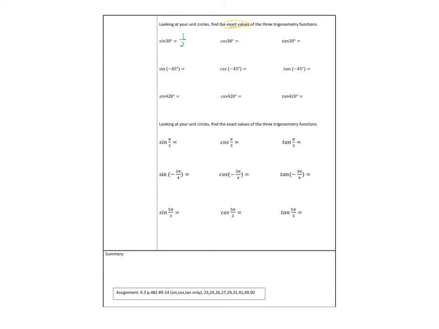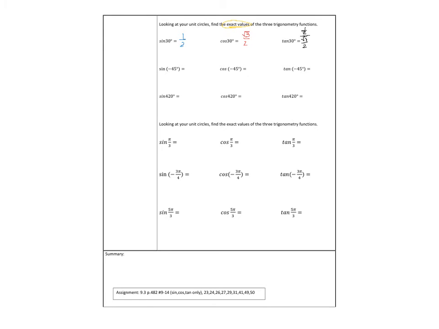If we were looking at the cosine of 30 degrees, remember that's your run or your x value, or the adjacent to the 30-degree angle, and that's root 3 over 2 on our unit circle. Tangent is a little bit more exciting. We're going to take our sine, which is 1/2, and we're going to divide it by the cosine, which is root 3 over 2.